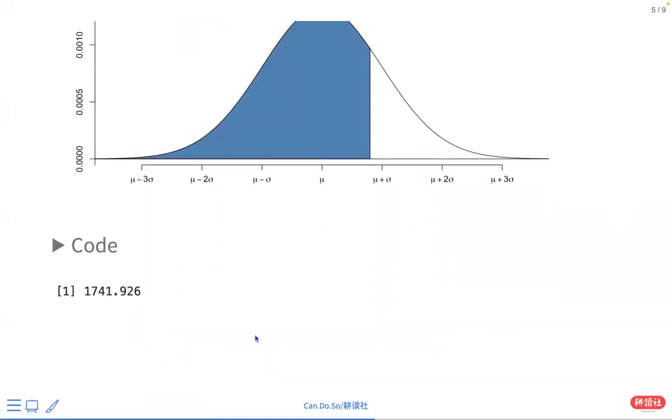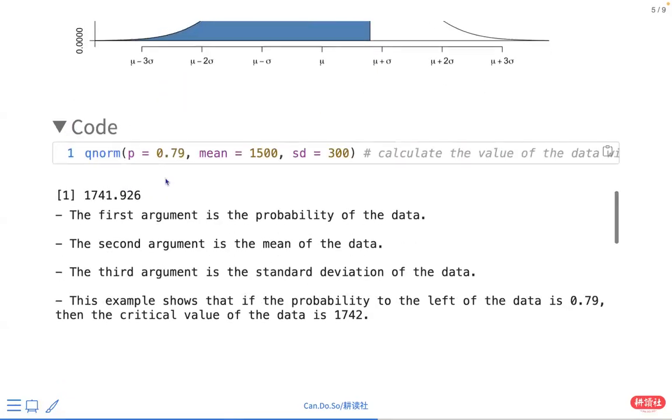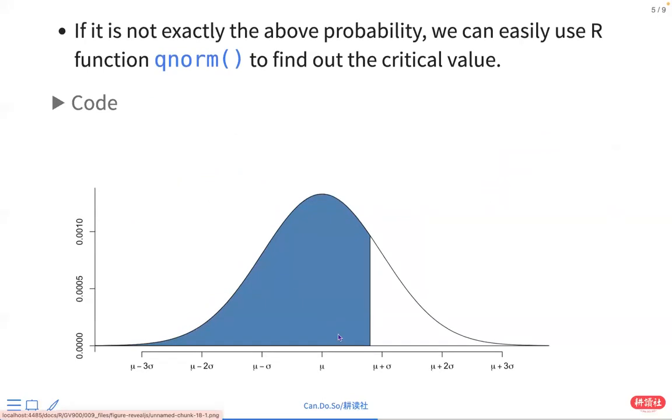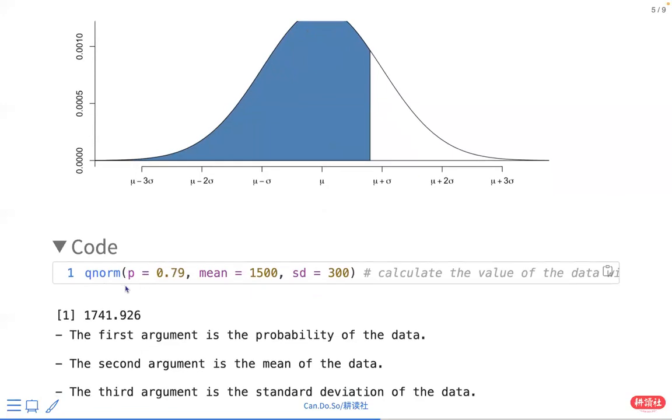For example, if we know this part is 79%, we can use this set P. Just now we used pnorm to find the probability, and here qnorm to find the cut, the quantile.